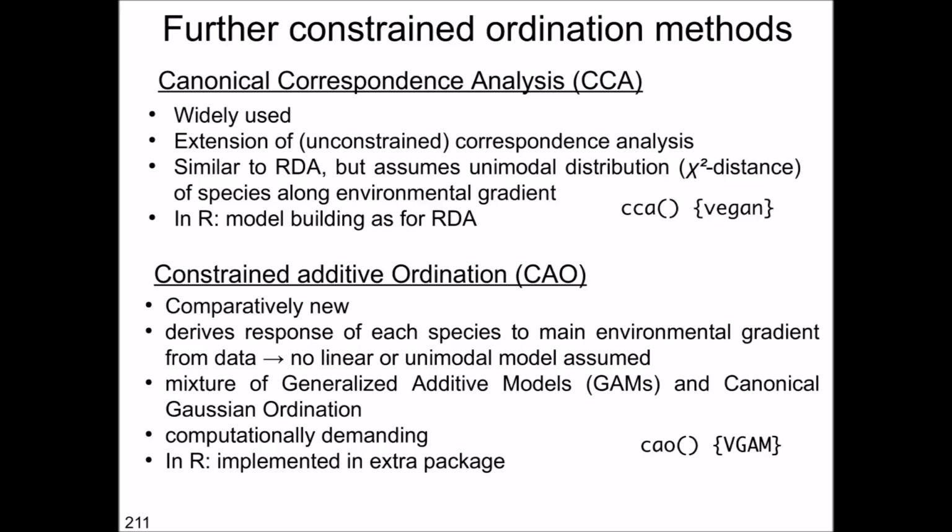This may actually mean that the computer can take up to several hours or even days for the calculation, depending on the data set size and number of variables and species involved and so on. And it's implemented in an extra package in R. It's not implemented in vegan. It's the VGAM package, which relates to vectorized generalized additive models.